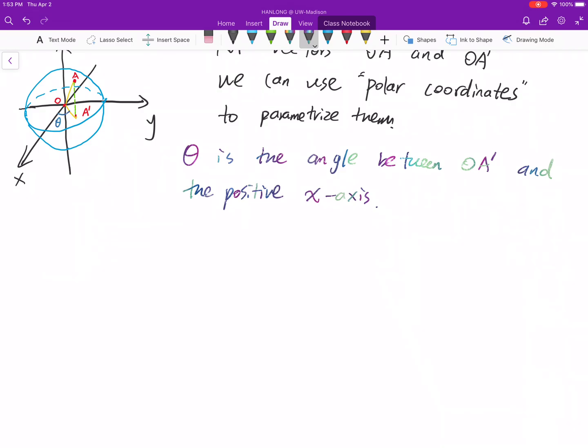Then the vector OA prime can be written down as the length of OA times cosine theta, and the length of OA times sine theta.